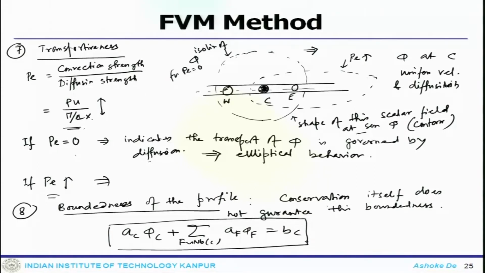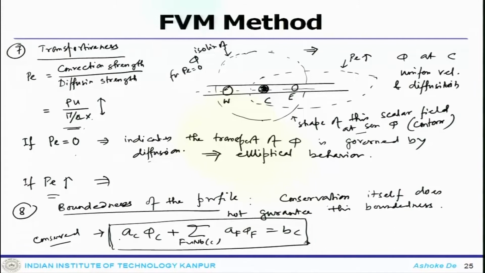When we arrive at this discretized system from the PDEs, through the volume integral and surface integral, and we come down to this algebraic system, this is conserved. All your conservative properties in your PDEs and the properties in your discretized system are all conserved, but they do not guarantee the boundedness.